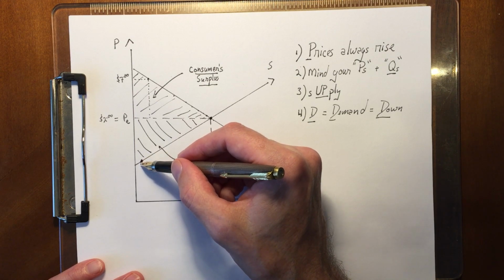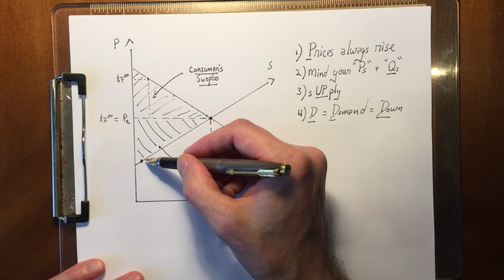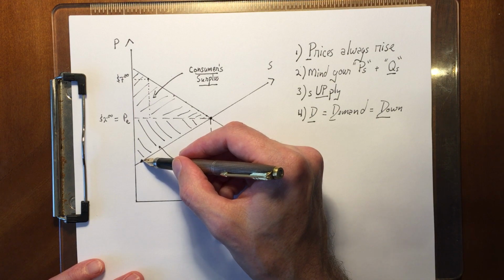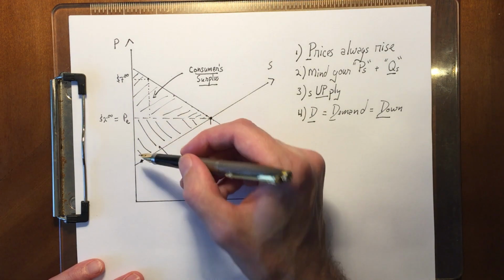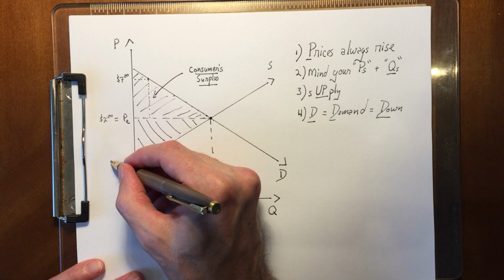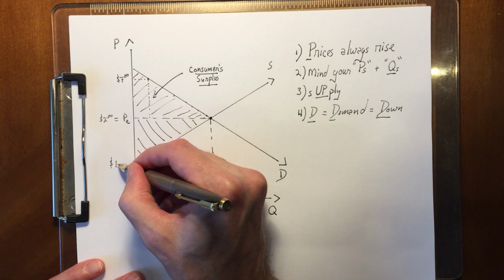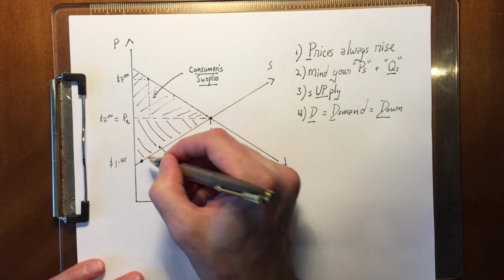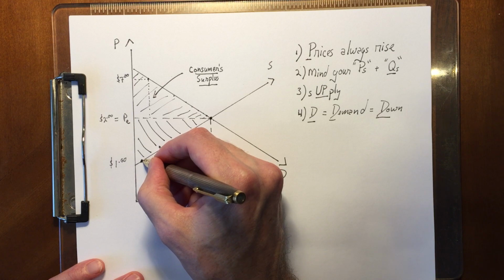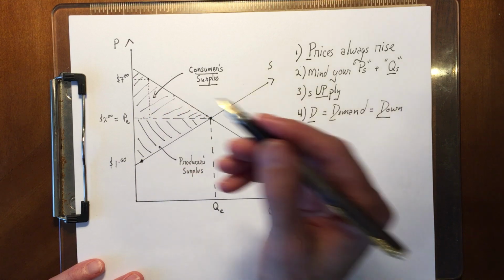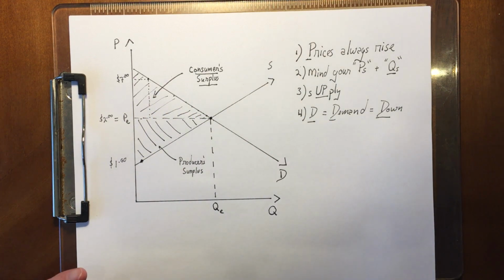Coconuts, the first coconuts are really easy to get, right? You just go collect them and bring them to the marketplace. And so here, the very first coconuts, maybe that's only $1. So it costs $1 to get those first coconuts, and you go to the marketplace and, hey, you can sell them for $2. What a deal. It's a great business. You're really happy to be in coconut production.